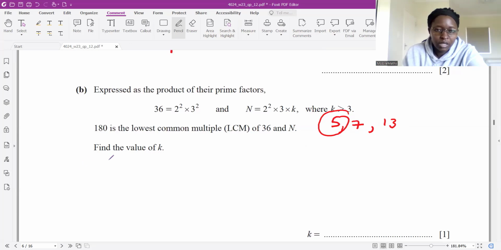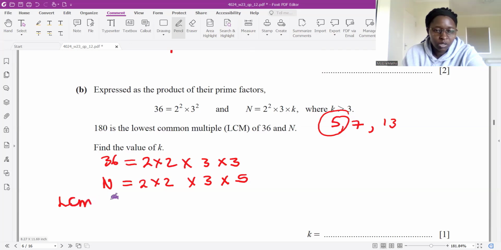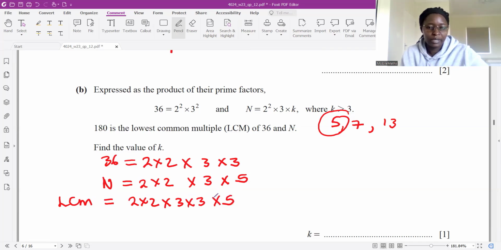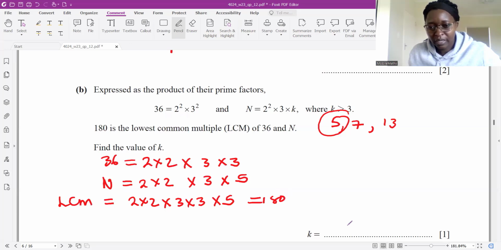So if 36 is 2 times 2 times 3 times 3, then my n is equal to 2 times 2 times 3 and times a 5. LCM, lowest common multiple, is going to be equal to 2 times 2 times 3 times 3 times a 5. What do I get? That's a 4 times 4 times 3 times 3 times 5. I'm getting 180. So it means our k is a 5.